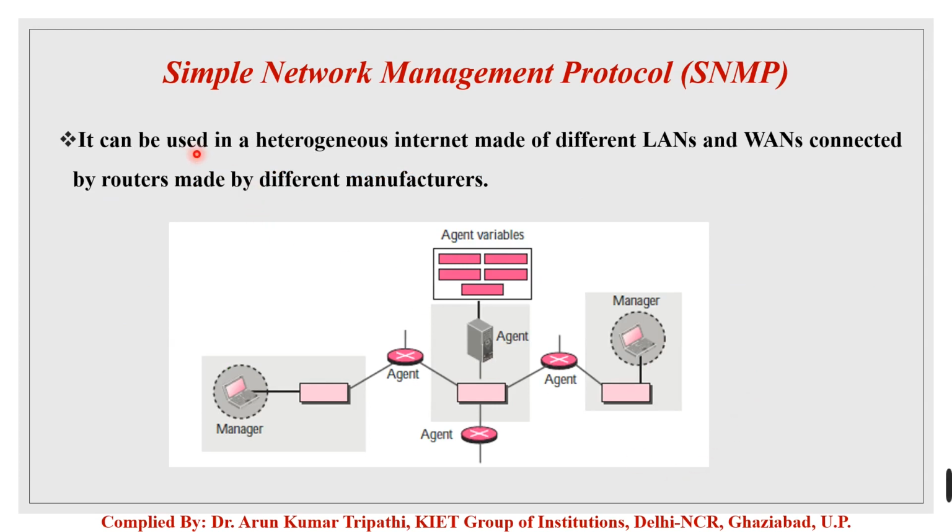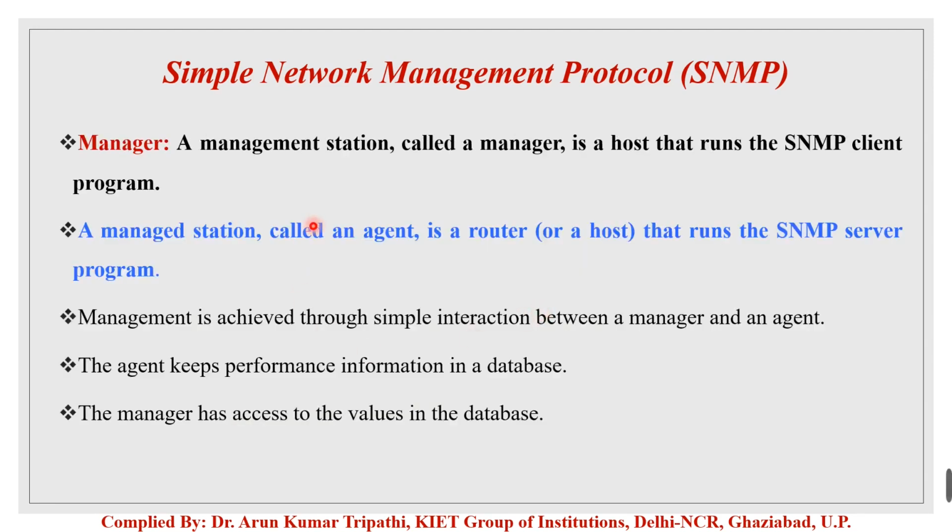It can be used in a heterogeneous internet made by different LANs and WANs connected by routers from different manufacturers. Here this is the manager and these are the agents. In the diagram, agents are the routers and each agent will have some agent variables. Agent variables play an important role, which we will discuss a little later.